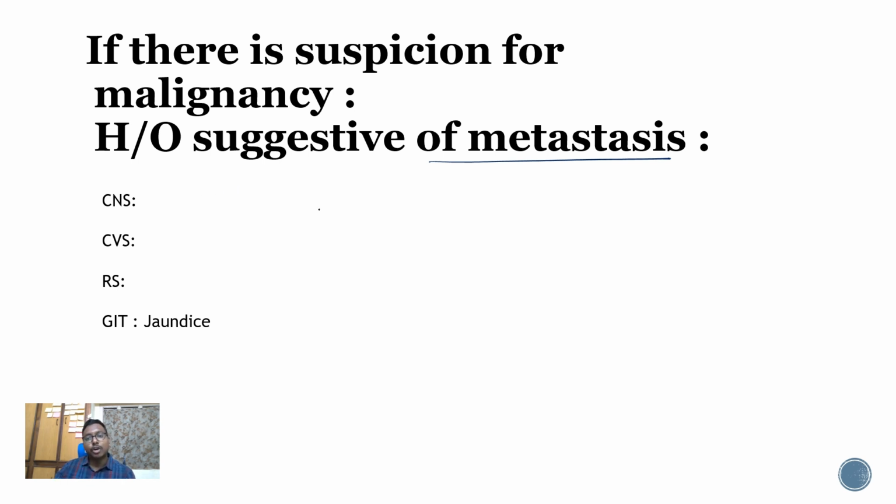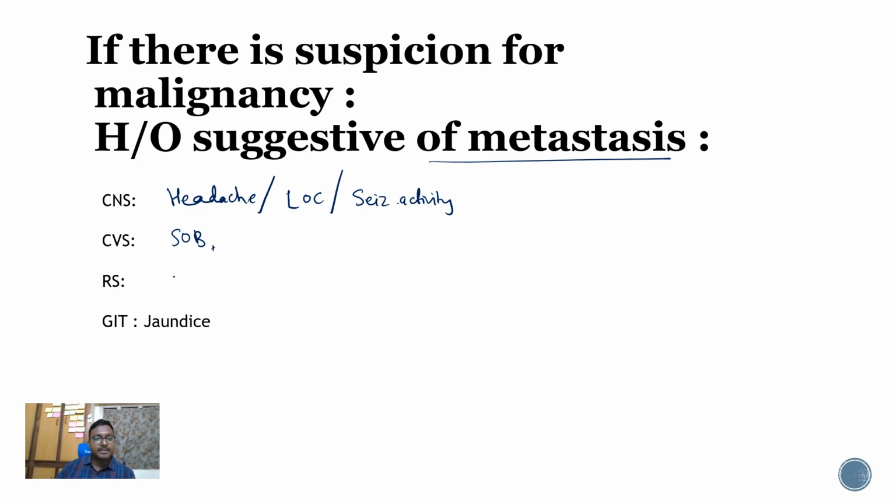In general, whenever you are talking about systemic metastasis, you can remember again top to bottom. So first one is CNS. Just remember what are all the main symptoms of that particular system. So one is headache. Second one is loss of consciousness. Then any seizure activity. Right? These are the main symptoms related to CNS. Then CVS, you can ask about shortness of breath, especially exertional dyspnea.